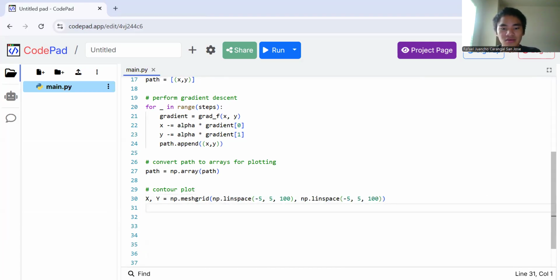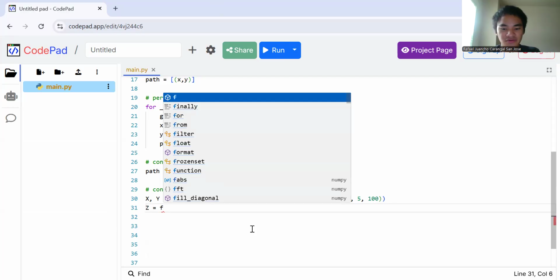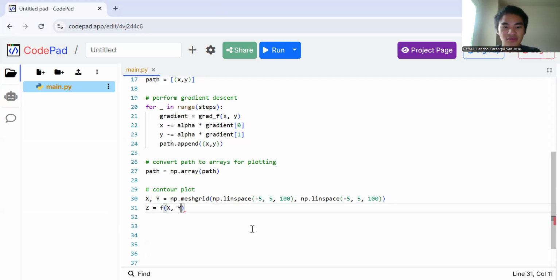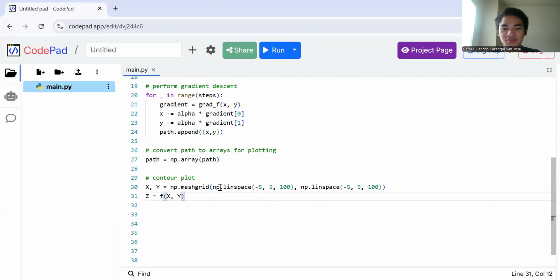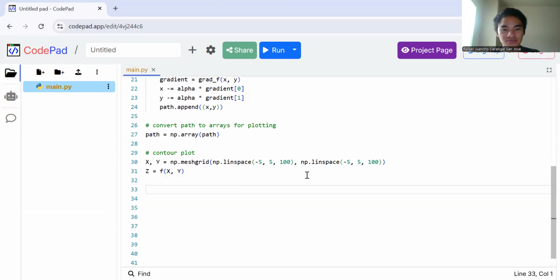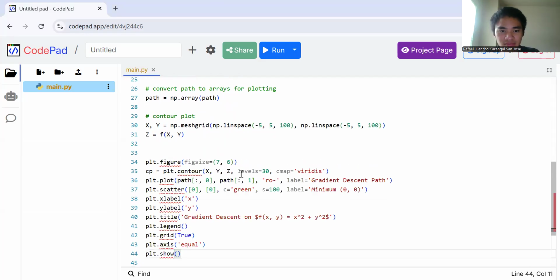Cool. Okay. And then now we have our output, which is again our function at x and y. Right? So let's just make a contour plot, basically. Then we have a plot. Okay, I'm just gonna copy paste these. I thought I could code them all up, but I guess I can't do it all on my own.